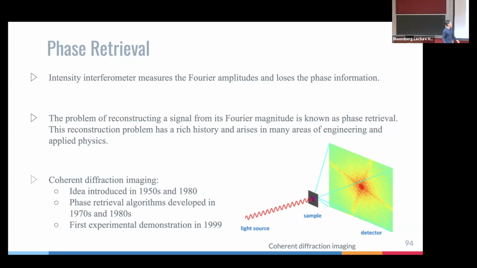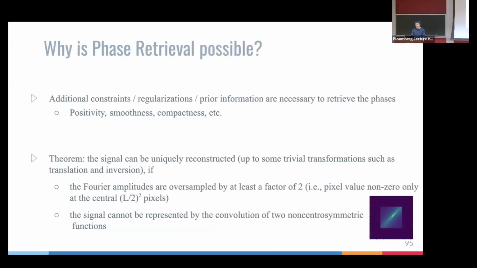Their algorithms were developed in the 1970s and 80s, and even demonstrated in experiments in 1999. So why is this problem even possible, because you already lose lots of information? The answer is you really need all these additional constraints or regularizations to help you retrieve the phases.